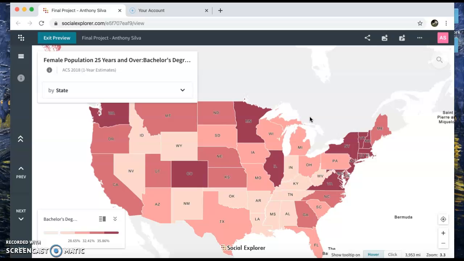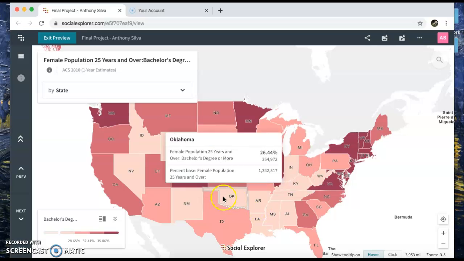I think women are more inclined themselves, and that's because of cultural and societal reasons, but also they're more encouraged by others too, I think, to go to school and do what they want to do.